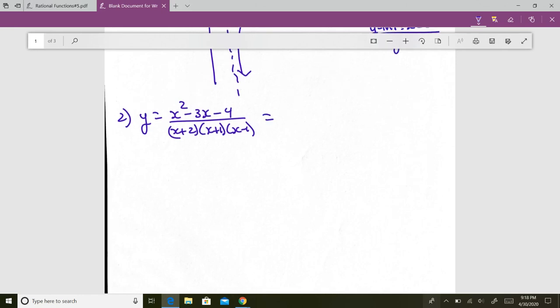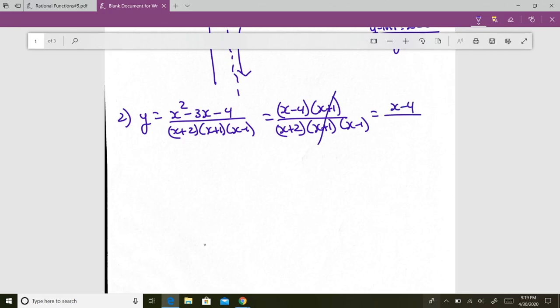What multiplies to -4 and adds to -3? x minus 4 and x plus 1. All right. Anything cancel? Yes, the x plus 1's cancel. So I'm left with this.